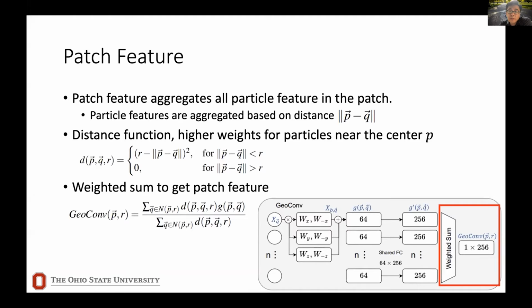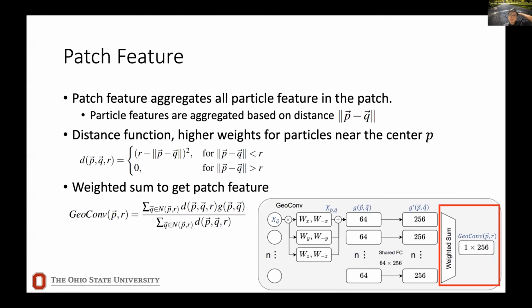This vector is very important in the sense that it captures the position and direction from the center of the particle patch. In the meantime, it also captures the physical attributes carried by the particle. And because I do this aggregation through a trainable neural network, this 256-dimension vector becomes the most salient information for the particle patch.